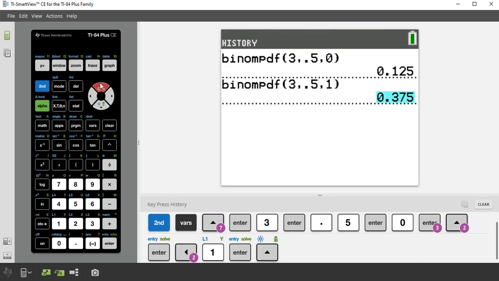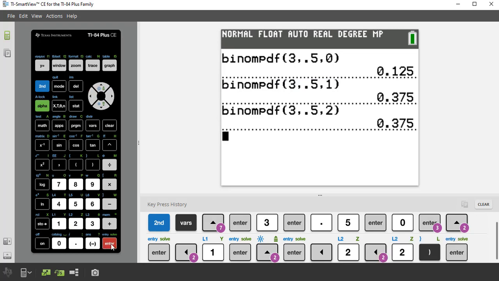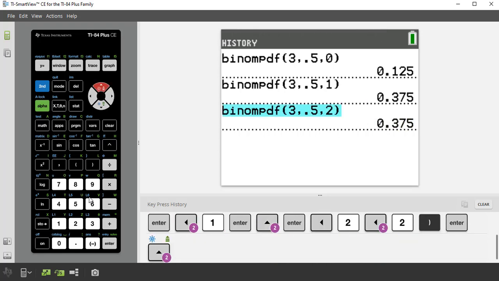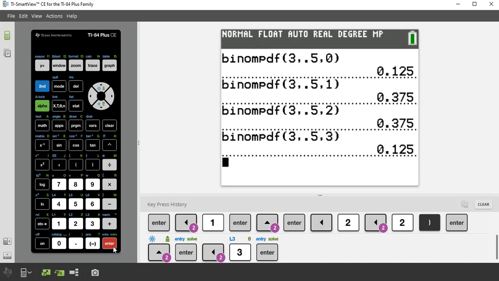Now, because I have this available, let's do the next one, which is 2, and then we'll just click enter. So notice that these both are the same. We'll do one more computation, for the 3. Interestingly enough, we'll see that the third one is the exact same as the first one, and that's no coincidence.